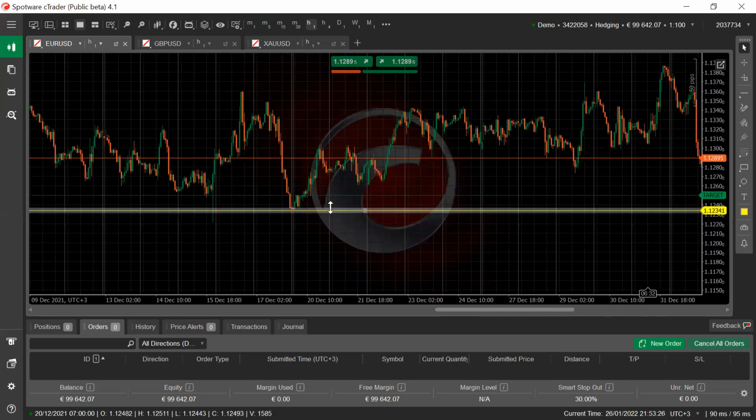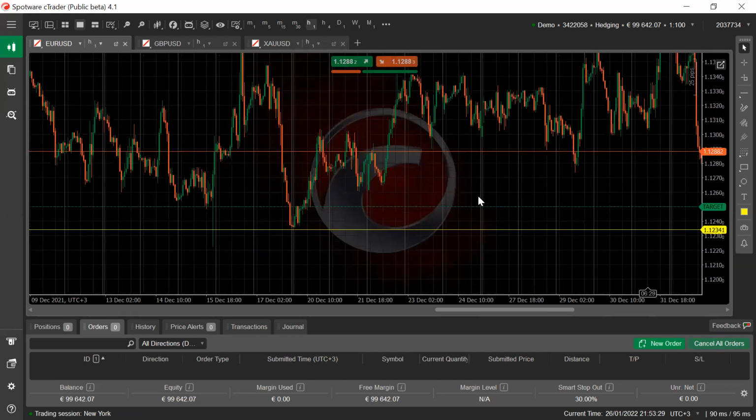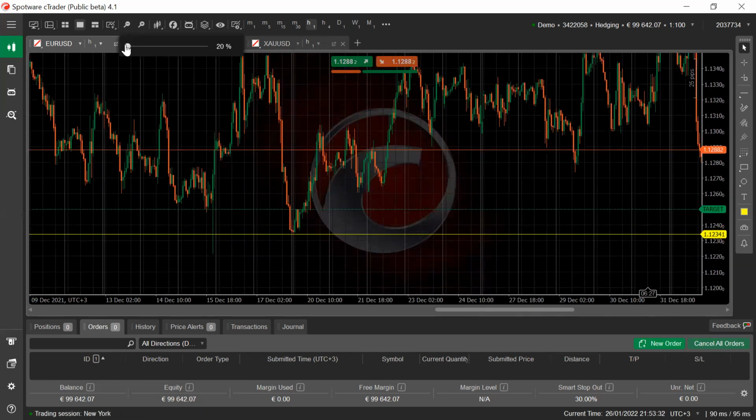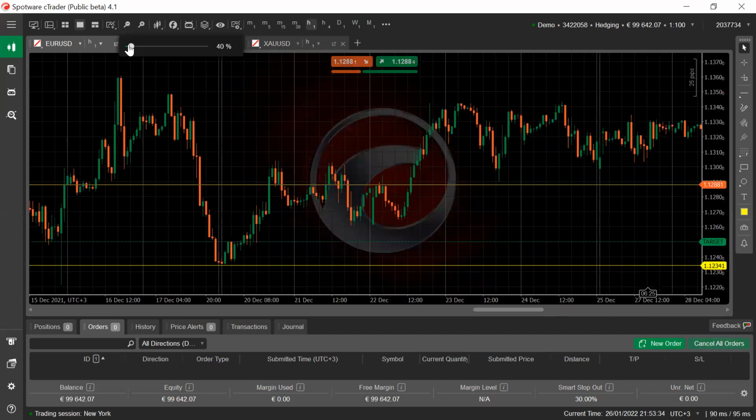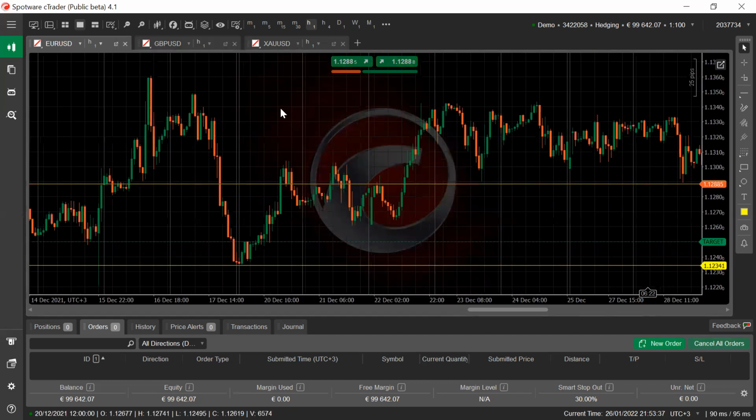So right here, we can actually have a setup. At what point did the market decide that it will now go up? That is normally our question, and that is the point where we shall enter our trade.